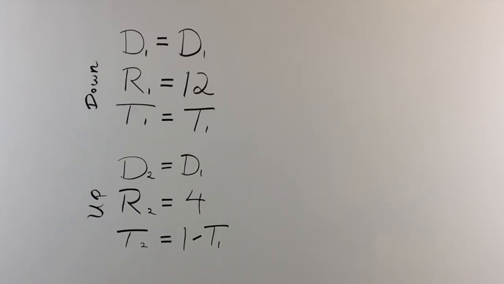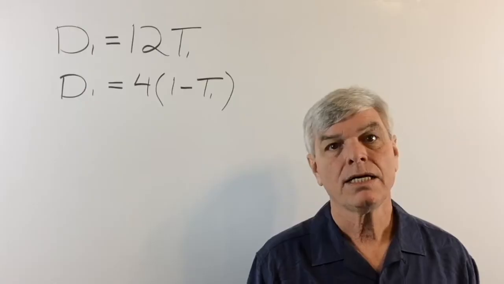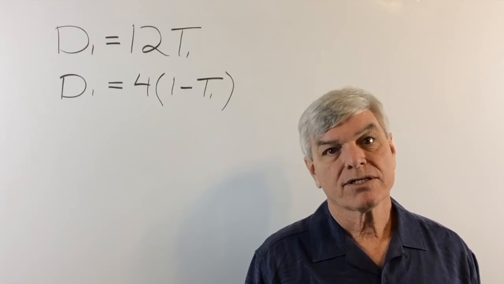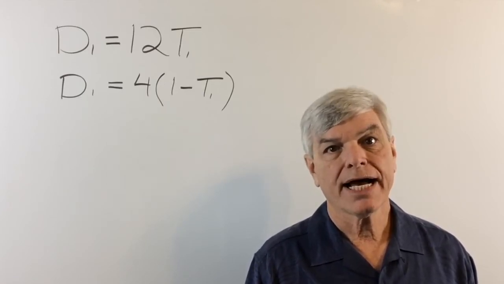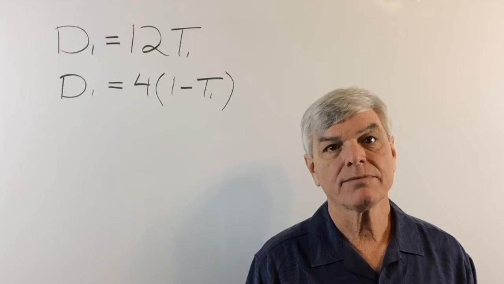Remember, it's going to be D2 equals R2 times T2. D2 equals D1. That's the value we put in. R2 is going to equal 4. And T2 is going to equal 1 minus T1. So that's the formula for our second body in motion. And why don't we bring that out of parentheses, 4 times 1 minus T1.